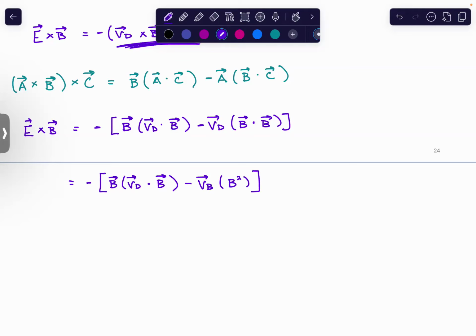What angle do we find between the drift velocity and the magnetic field? We've been talking about it, 90 degrees. Drift velocity and magnetic field are perpendicular to one another.